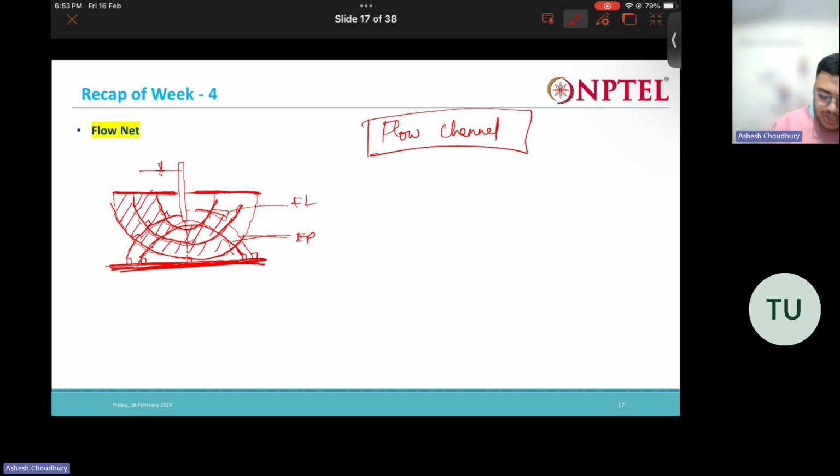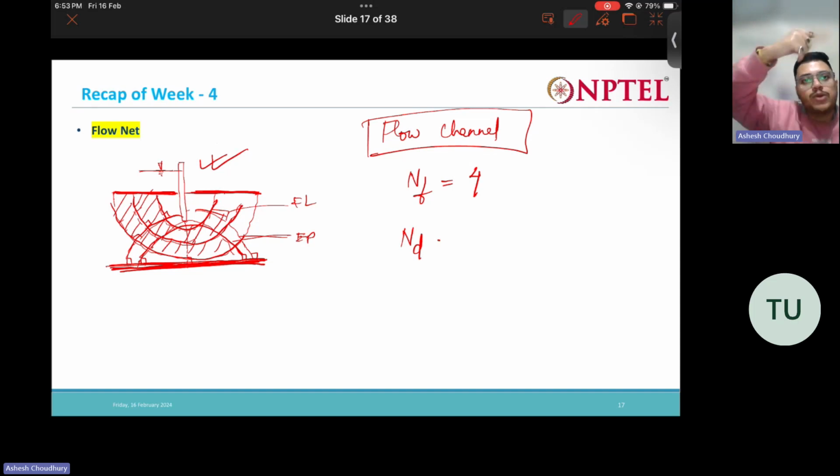Here in this diagram, the number of flow channels is 4. And what is the number of equipotential drops? That is from one equipotential line to the other. When you traverse across a flow line, how many junctions with an equipotential line do you encounter?